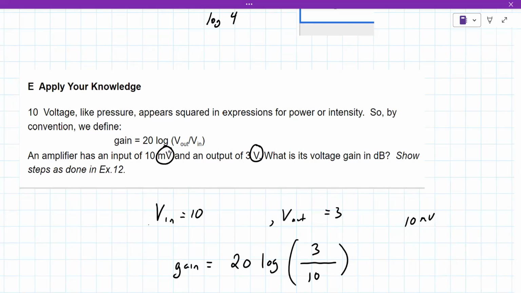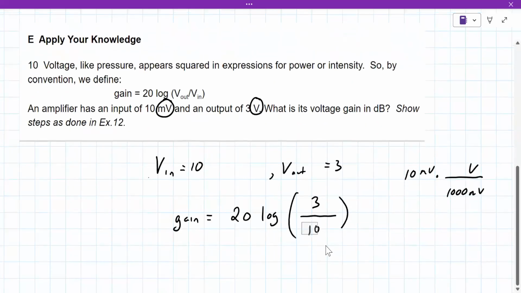So 10 millivolts, there are 1000 millivolts in a volt. And that changes this number on the bottom here, 10, to become 0.01. So they're trying to get you to use units to make sure you've got the right matching units on the top and bottom. And that does give you a more reasonable answer.